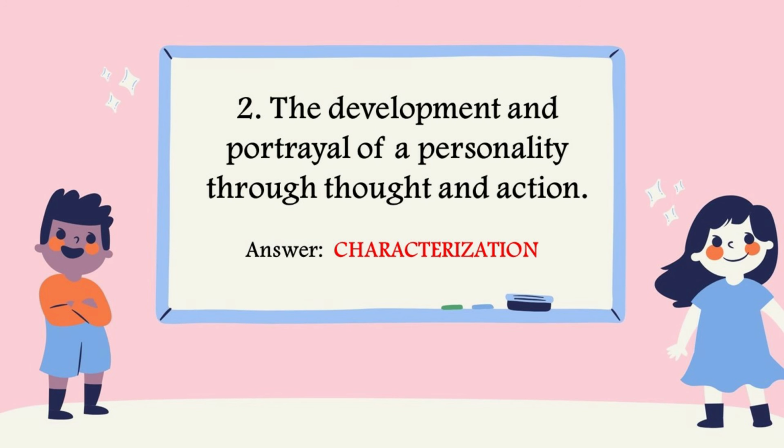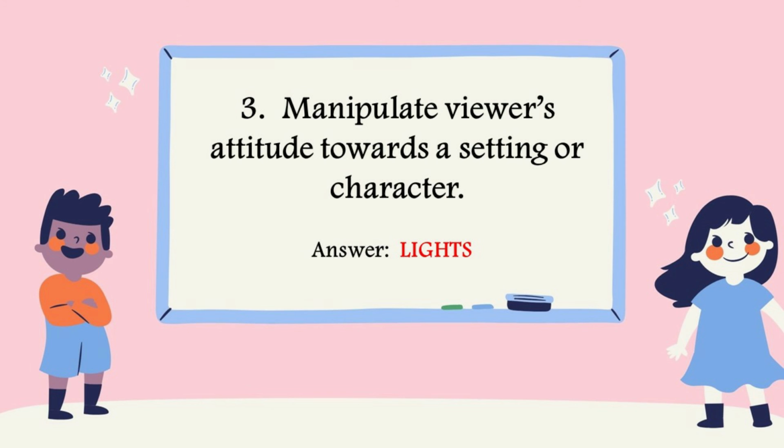Number 2, the development and portrayal of a personality through thought and action. The answer is letter C, characterization. Number 3, manipulates viewers' attitude towards a setting or character.